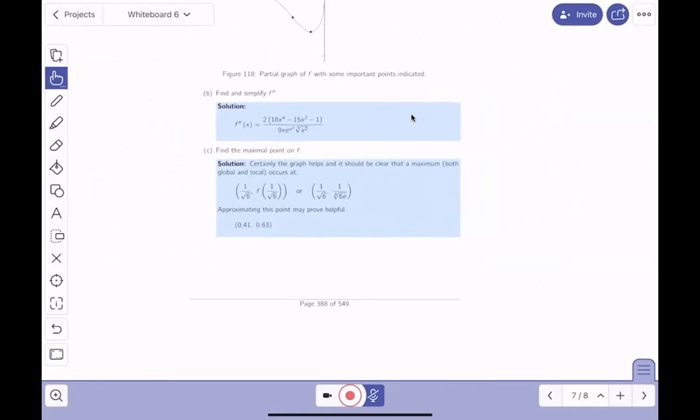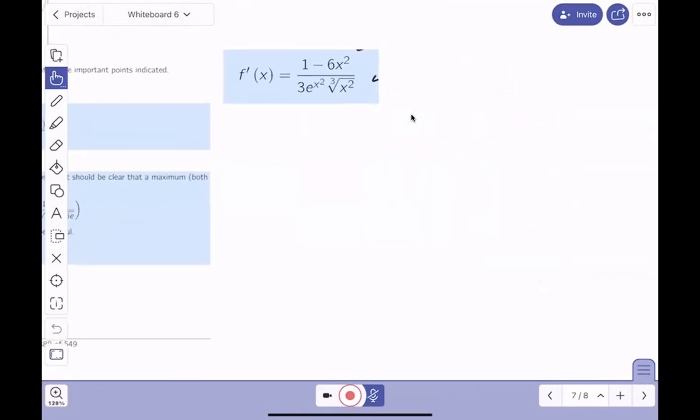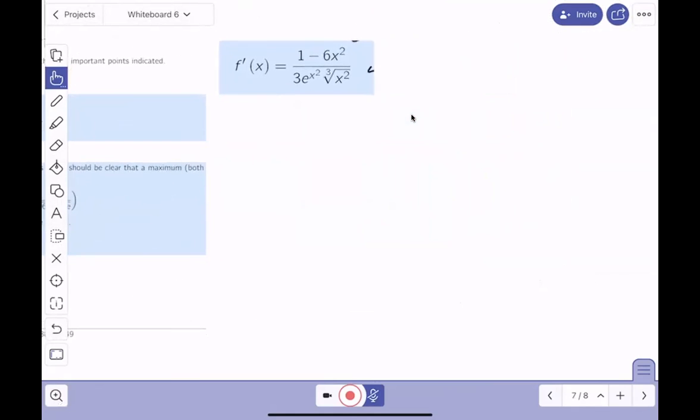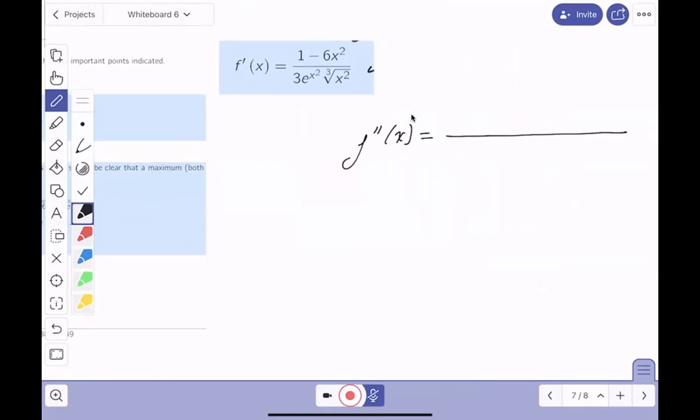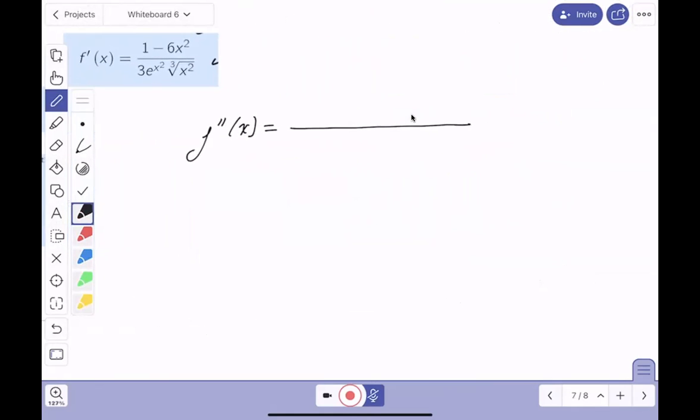Let me paste it in. And I'm going to start differentiating that. How would I do that? Well, it's quotient rule, right? It's going to be a lot of work. Square the bottom. It's work, though. I know that.